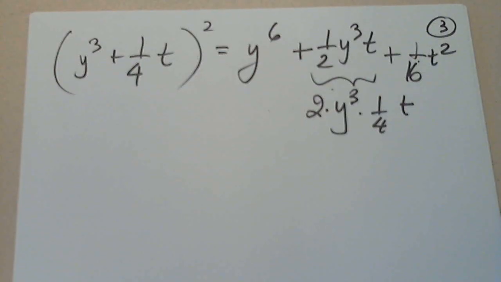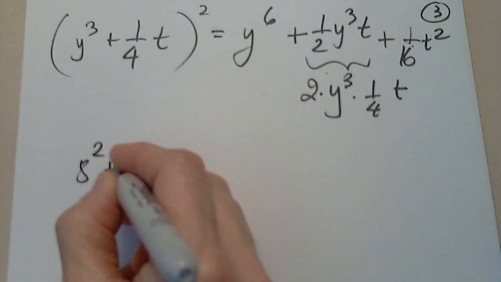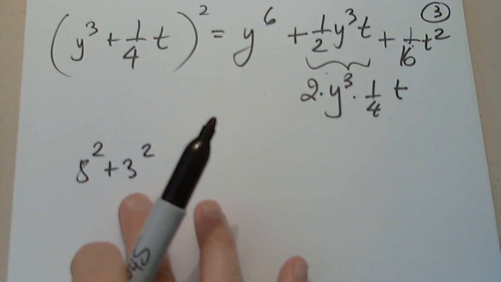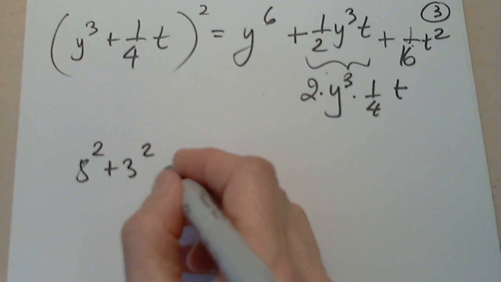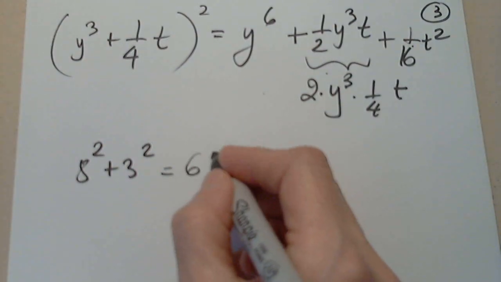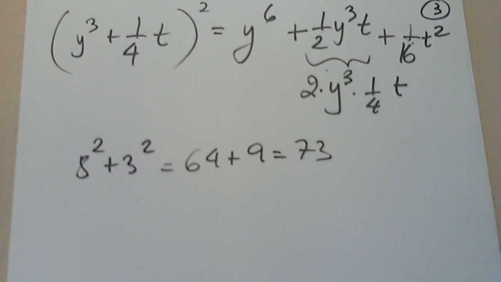Now, this is just a quick review of the numerical situation. How would you do this? Well, we have to square by the order of operations. You're going to see a problem like this in homework, in practice. So all I have to do here, this is not a special product. All I have to do is write 64 plus 9, which is 73, and it's done.